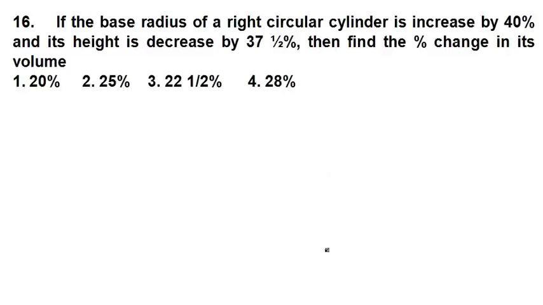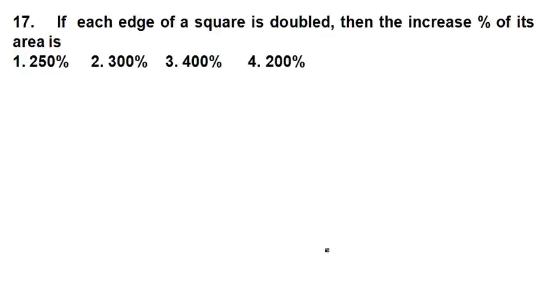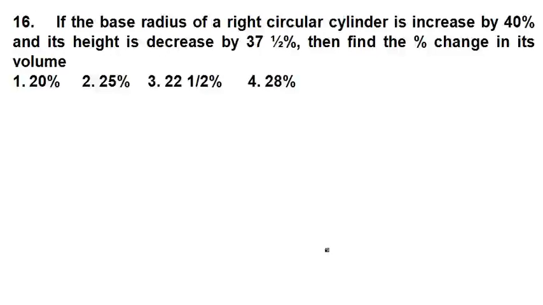I'll just move ahead. Okay, now question number 16. Try. I think I have already told you this type of question. This is the volume of a cylinder. Okay, what is the formula of the volume of a cylinder?